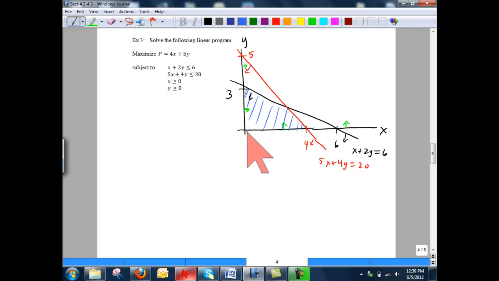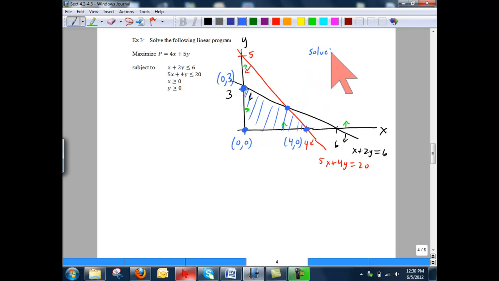It has 4 corner points. 1, 2, 3, and 4. And they have coordinates 0, 0, 4, 0, 0, 3, and here we would have to do some algebra.